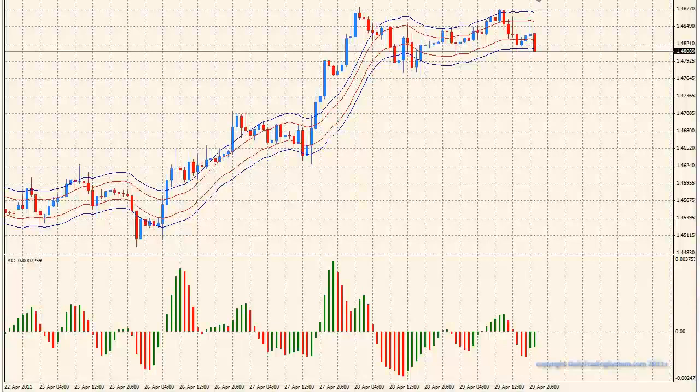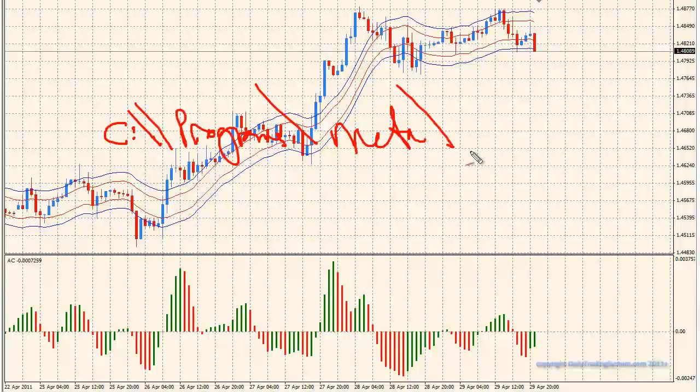Once you've applied the template, and if you don't know how to apply it to your chart, all you would need to do is, once you've applied the installation to your PC, go to the Programs folder, and then go to the MetaTrader folder, whatever the name is. Inside there you'll see the Templates folder.